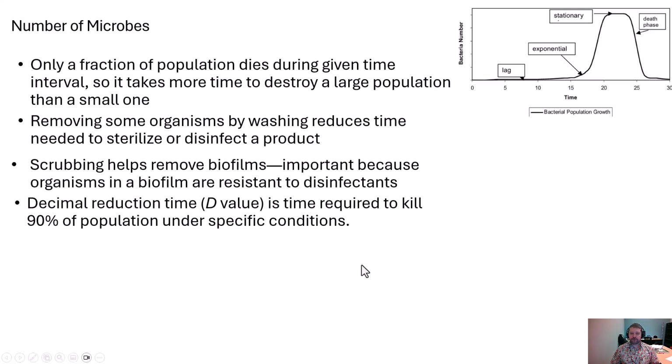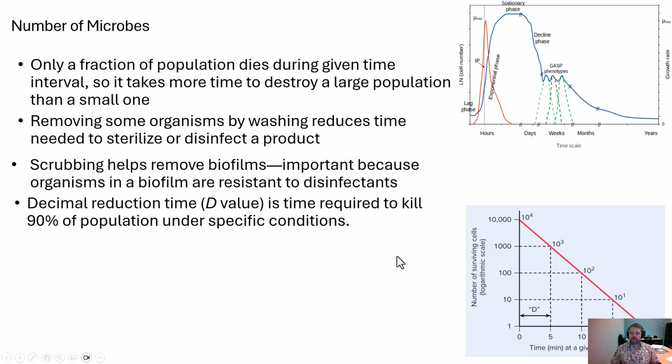And the way the D value works is we're often interested in how quickly we can take a population, like here, let's say we have 10,000 different microbes, and drop it by 90%, so we only have 1,000 left. That's the D value, or the time it takes us to do that. Okay? Obviously, the quicker we can do that, the better.